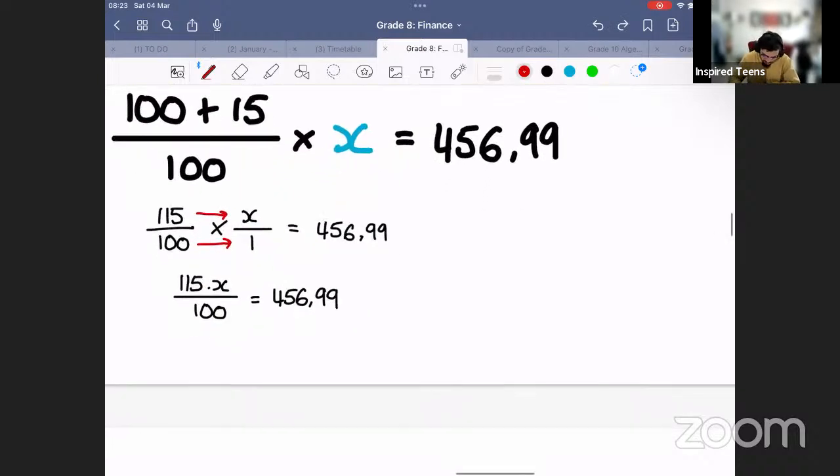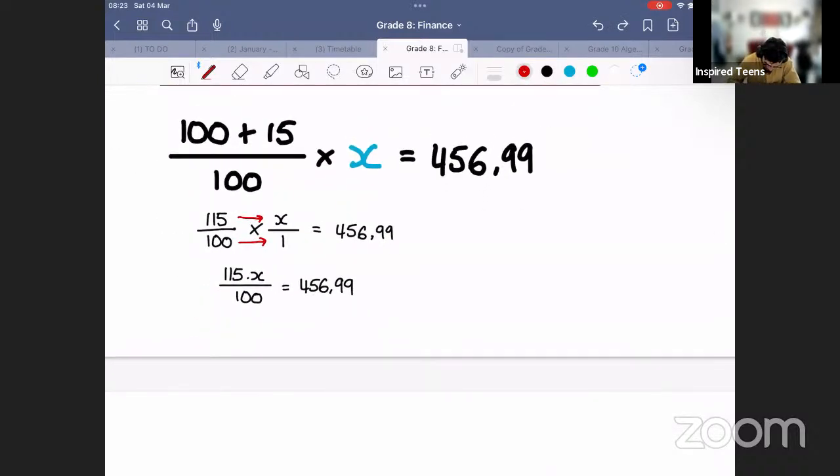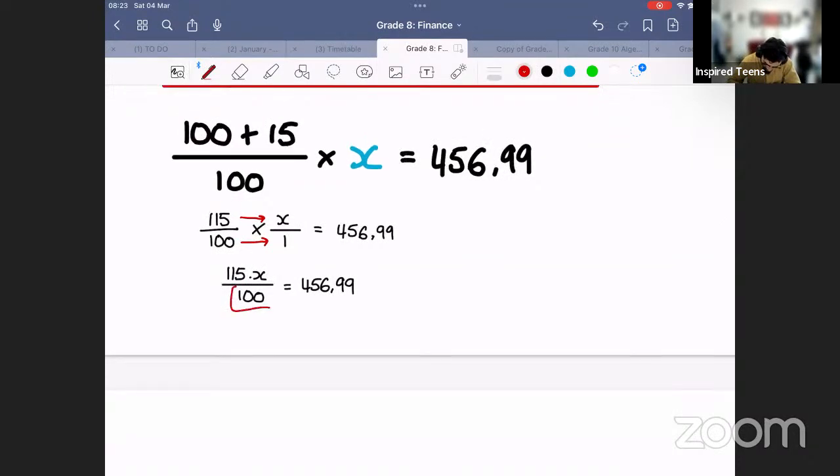What do I mean by that? As you can see, this 100 in the denominator is a division on the left-hand side. So if I want to take it over to the other side, I can simply multiply by 100 because it's divided by 100.